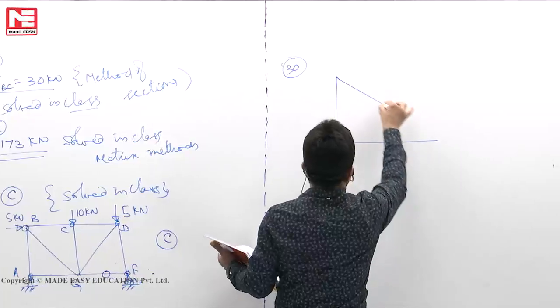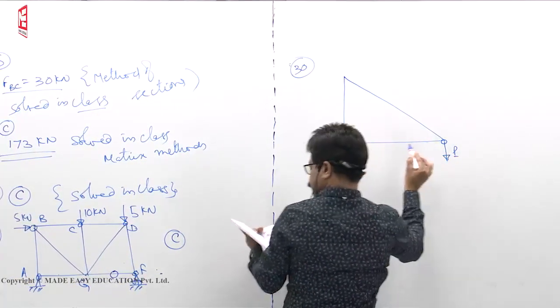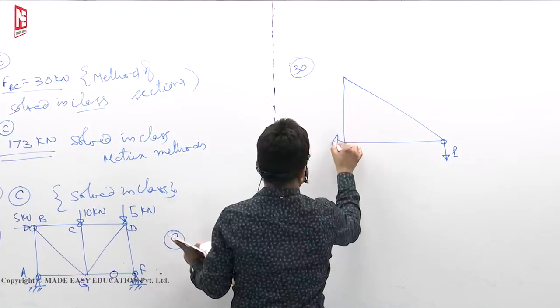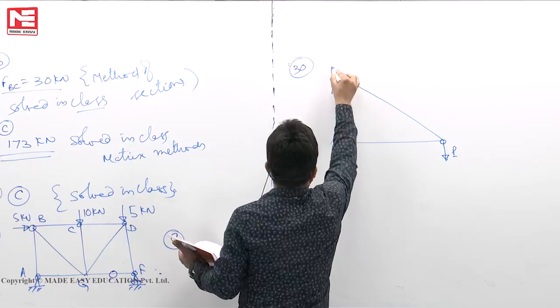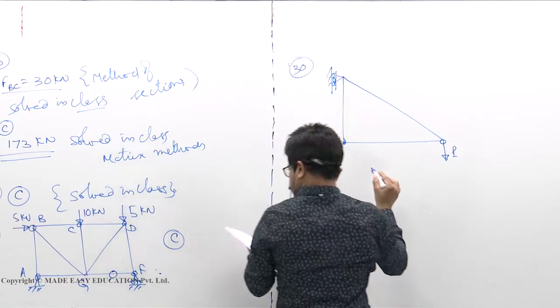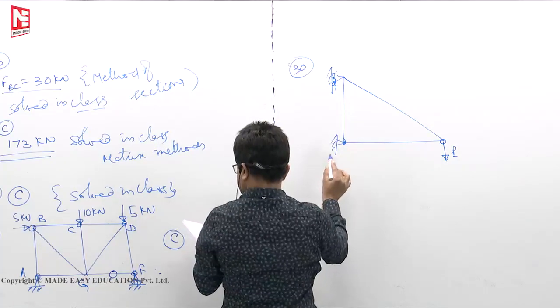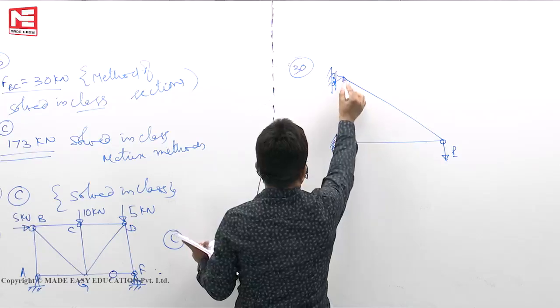Okay. So this is the problem. You have a load P. This let us say hinge. This let us say roller. So there is a hinge support here, and a roller here.